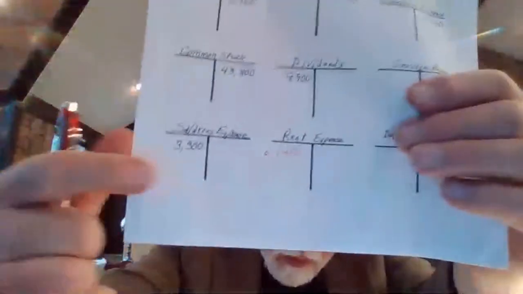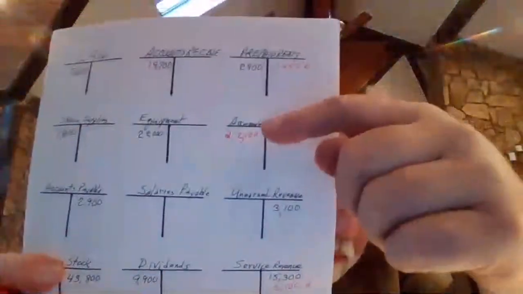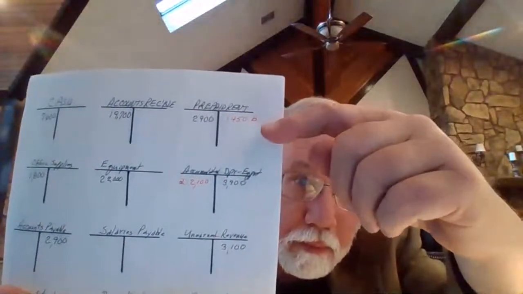B is for the rent that has expired from paid rent. So rent expense gets a debit of $14.50 down here. And the asset prepaid rent gets a credit for $14.50. C, office supplies were used to the amount of $750.